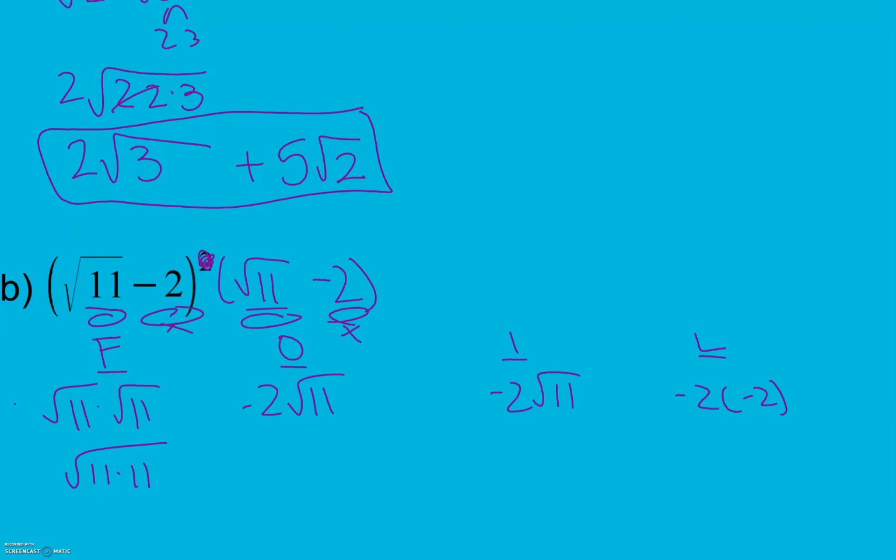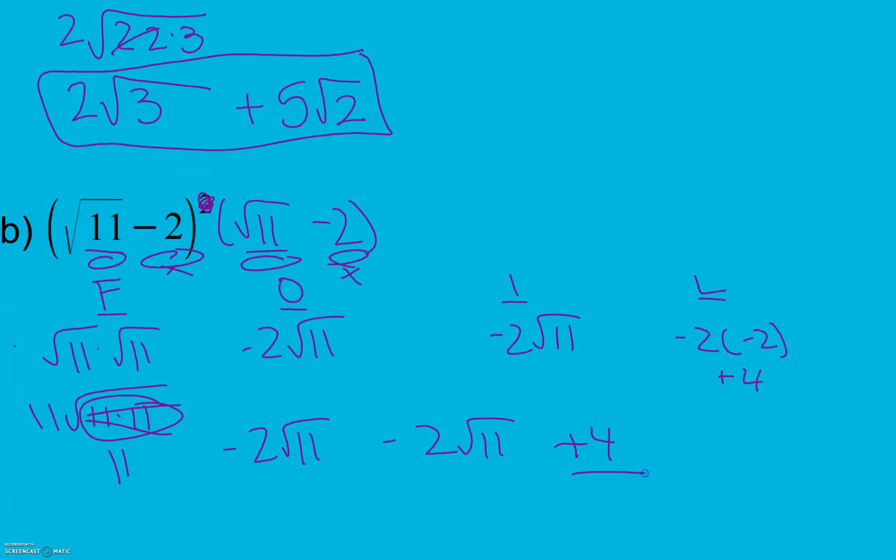Here, when I multiply, I can take my 11's inside together, and they come out as just an 11, no radical left. Minus 2 square root of 11, minus 2 square root of 11, and in my last, I get a positive 4. 2 negatives make a positive. Now we'll combine those like terms. And because my radicals have the same radicand, square root of 11, I can take negative 2 minus 2, add them up, and get negative 4.